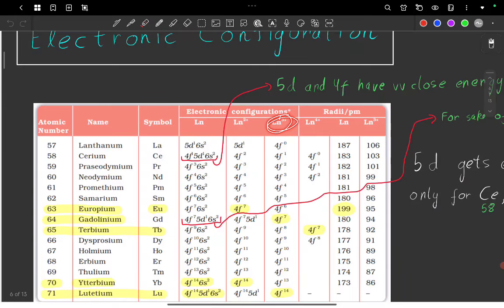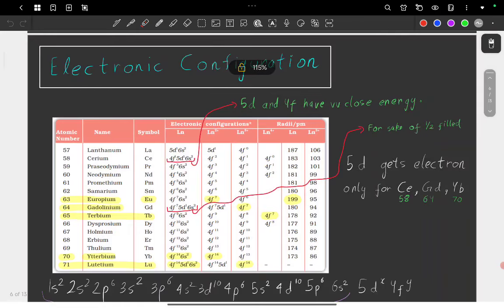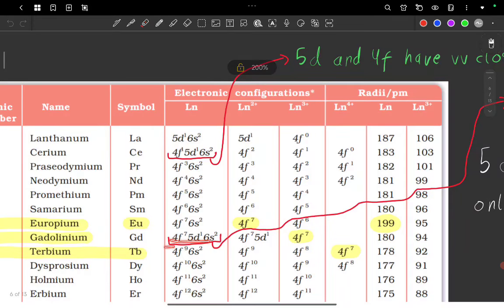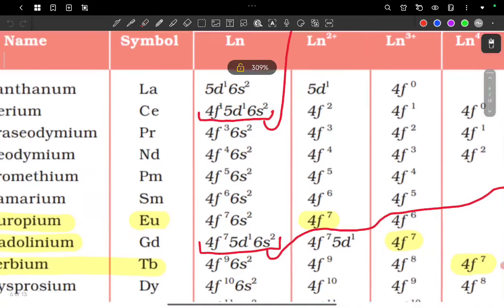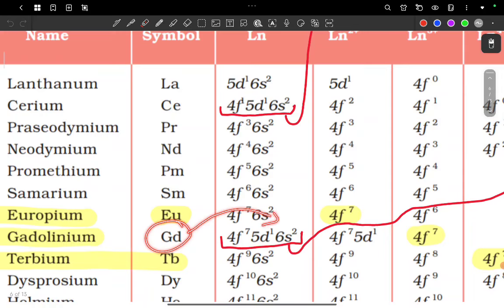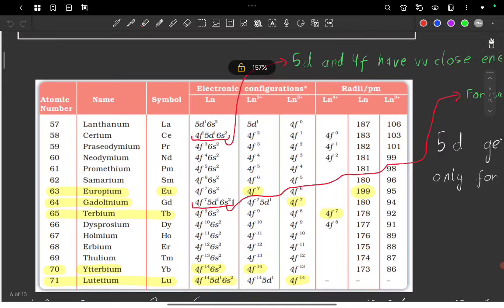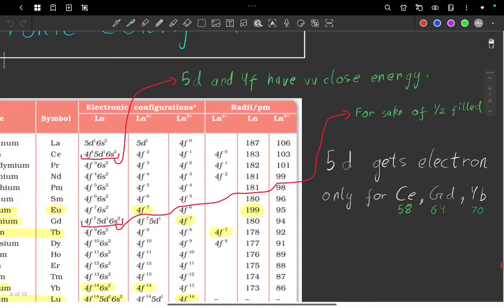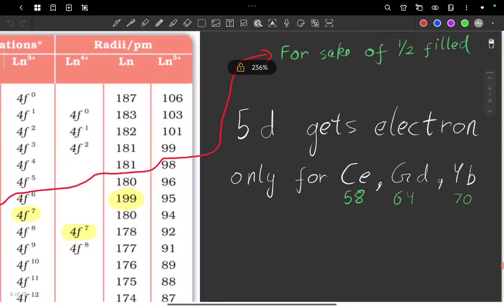And in your third oxidation state, it shows a smooth trend from 0, 1, 2, 3 all the way up to 14. Okay, and this exception happens because gadolinium achieves a stable half-filled configuration by removing one of the electrons from its F shell to move to the D shell.